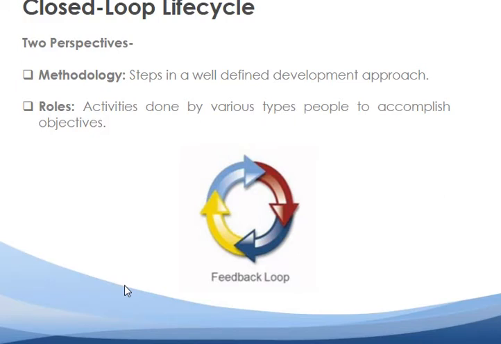So there is basically a closed loop cycle having two fundamentals from the method perspective: methodology and roles, steps in a well defined development approach, and roles, activities done by various types of people to accomplish objectives.